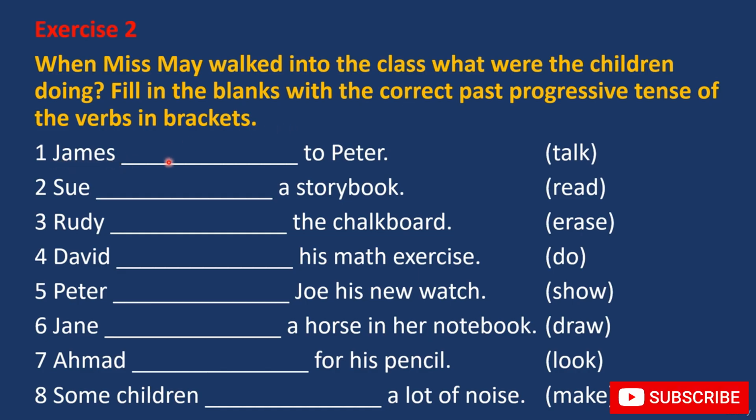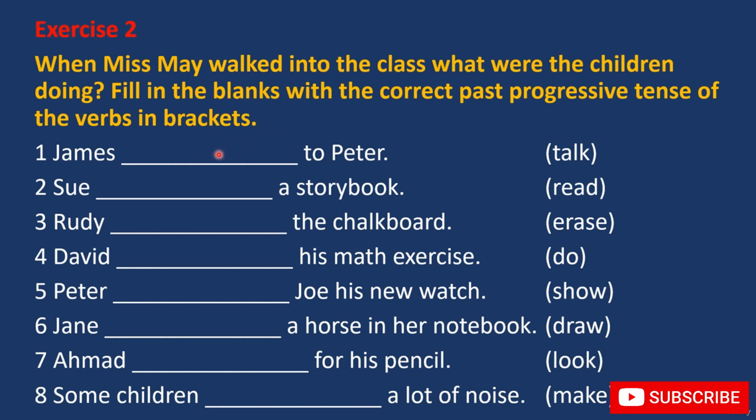Number 1, James ___ to Peter, using the verb talk. Try to pause the video now, answer this exercise, and then play the video again to continue seeing the answers. Let's start to answer together.